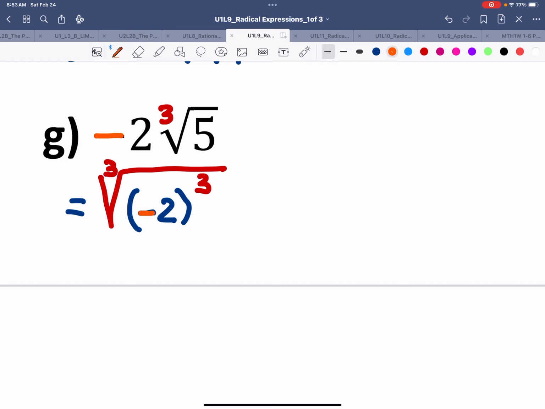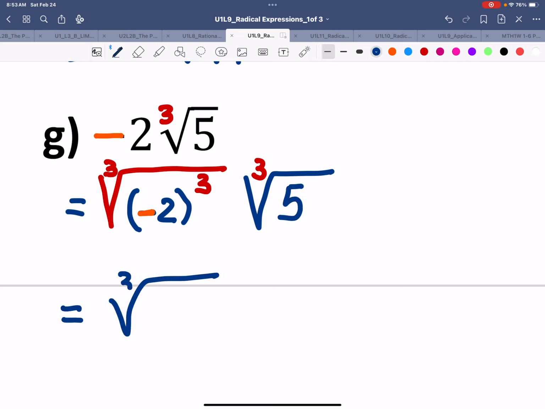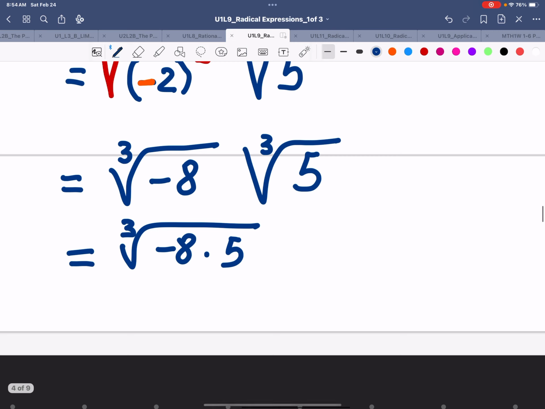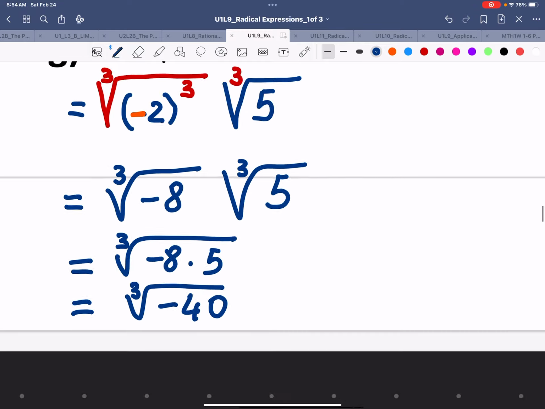The negative sign in here can come inside the radical because odd indices welcome all kinds of numbers, positives or negatives. And it's still multiplied by the third root of 5. So that would be equal to the third root of negative 8 times the third root of 5, and the third root of negative 8 times 5 would be equal to the third root of negative 40. And that would be the answer.